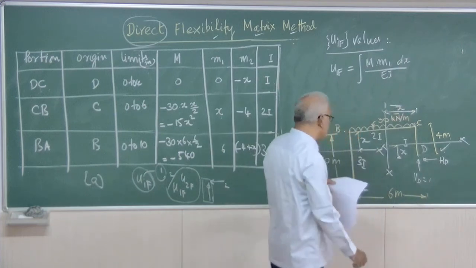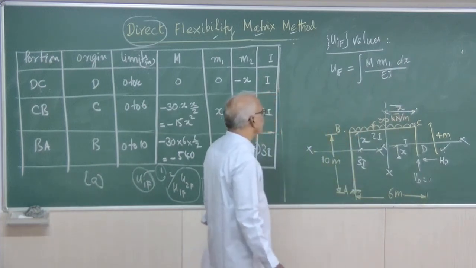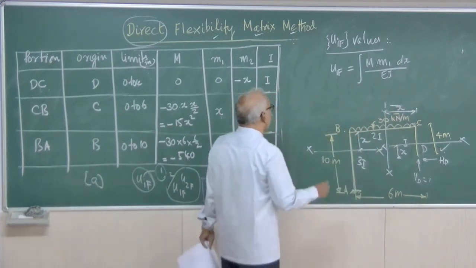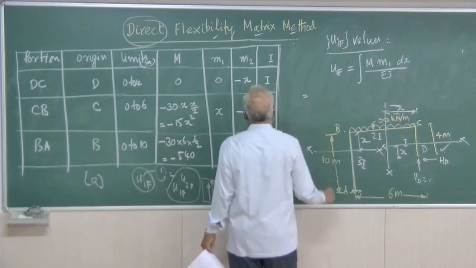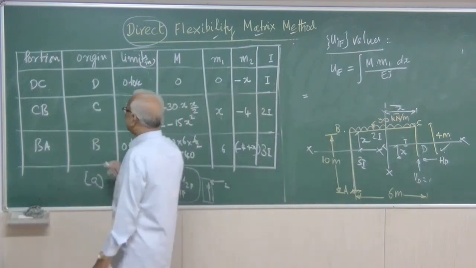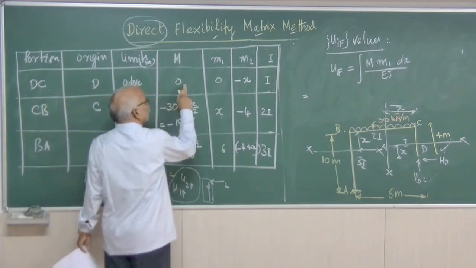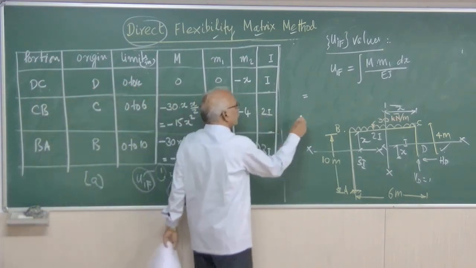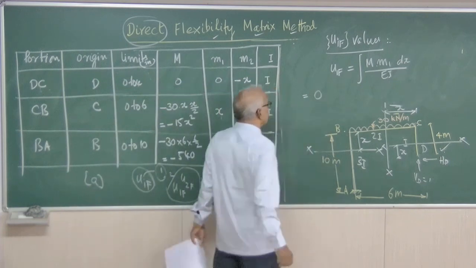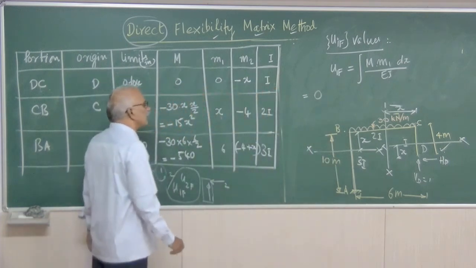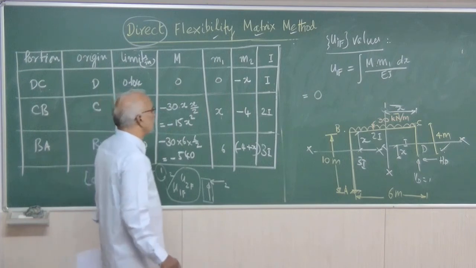M m1 dx by EI. This is the formula. Now for this, for the portion DC, M is 0, m1 is also 0, both are zeros, therefore the first term is 0.